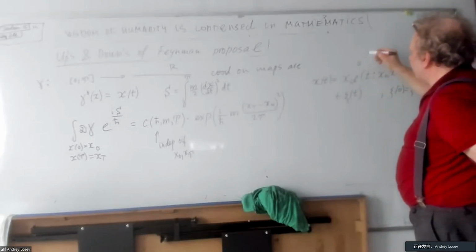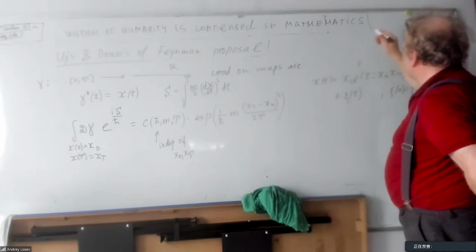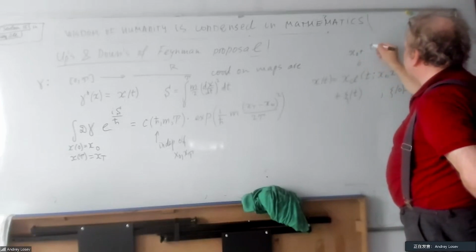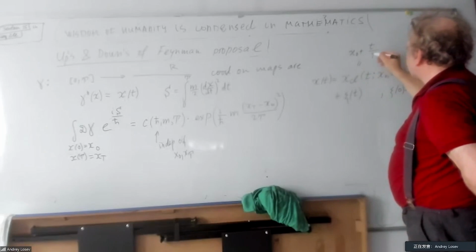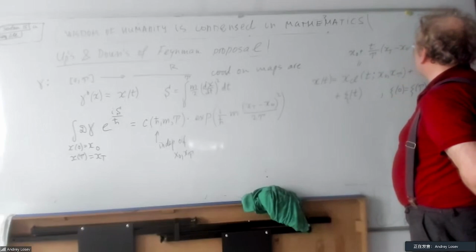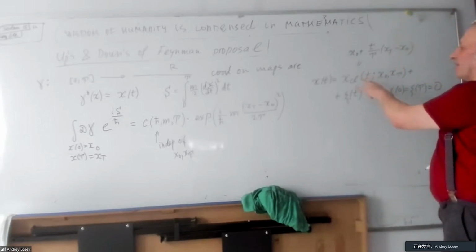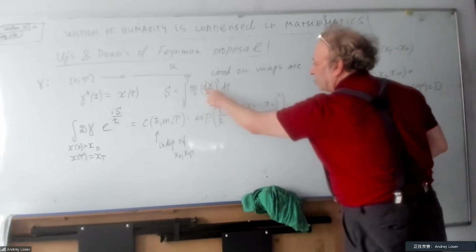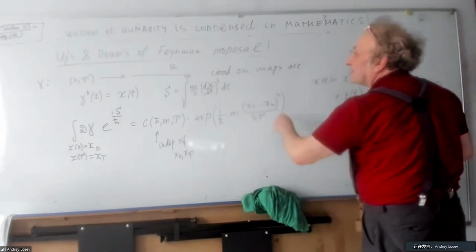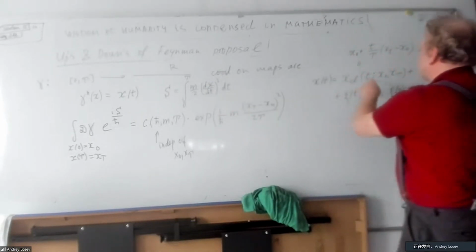And x classical was of the form x0 plus t over T capital xT minus x0. I plug this here, and here is the value of the action on the classical trajectory.